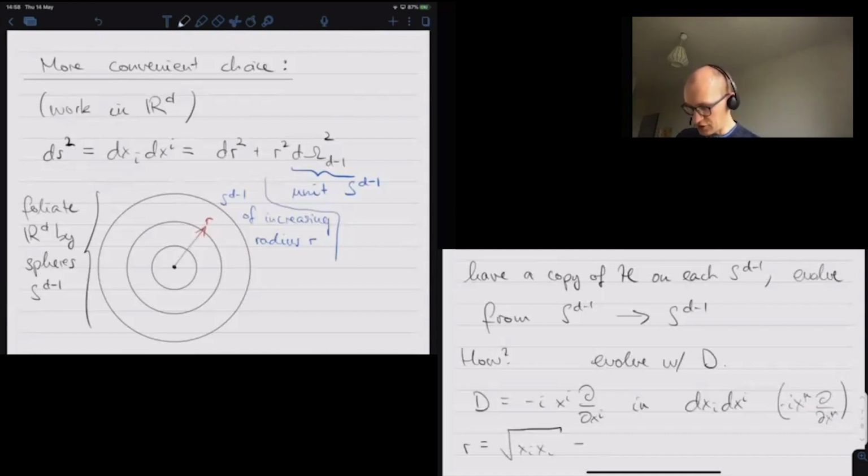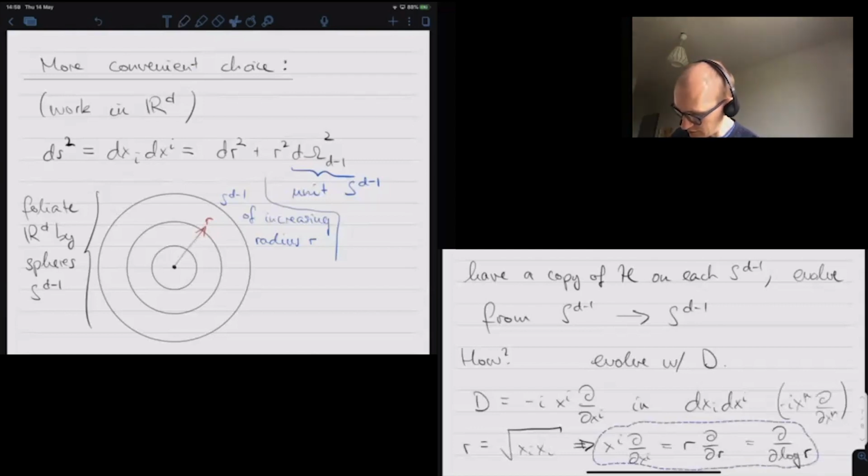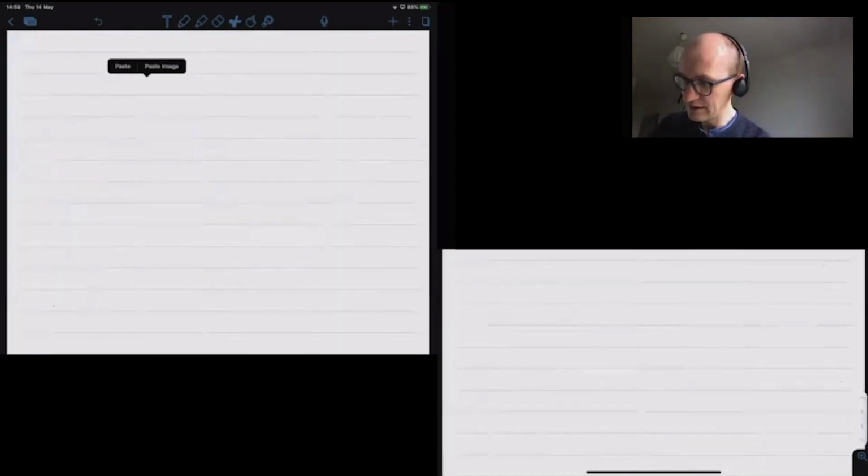And so changing from xi to R, we find that I d by dxi is actually equal to R d by dr. You can convince yourself that this is correct, which we can write as d by d log R. So this we'll take on the next page. Now it's just a couple more lines before we're there.